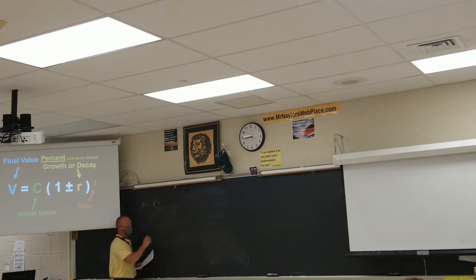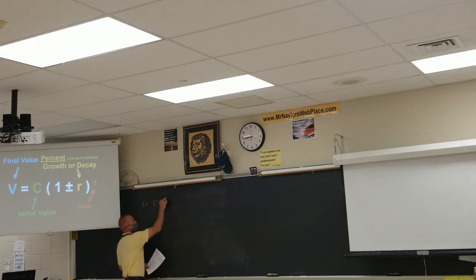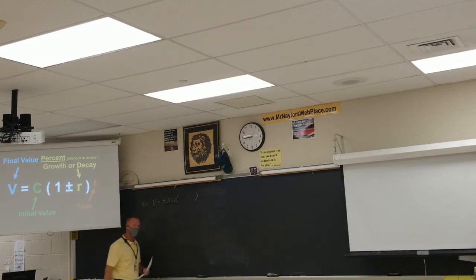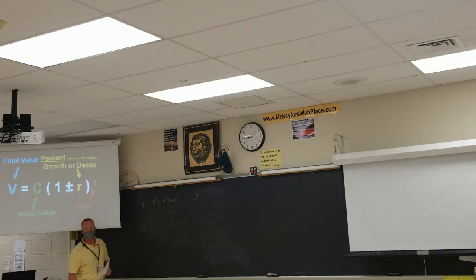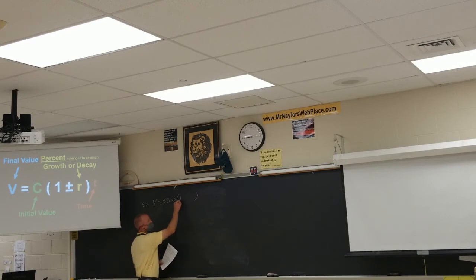Now, because this is a percent problem, which is actually the case for everything in the next few days, it fits into the exponential model. That means I can insert my starting value for the letter C. That means I can create my base. Now, the base is always going to be 1 plus or minus r.